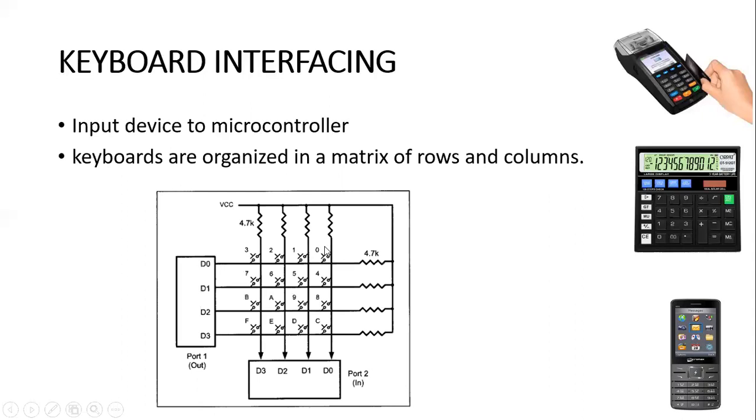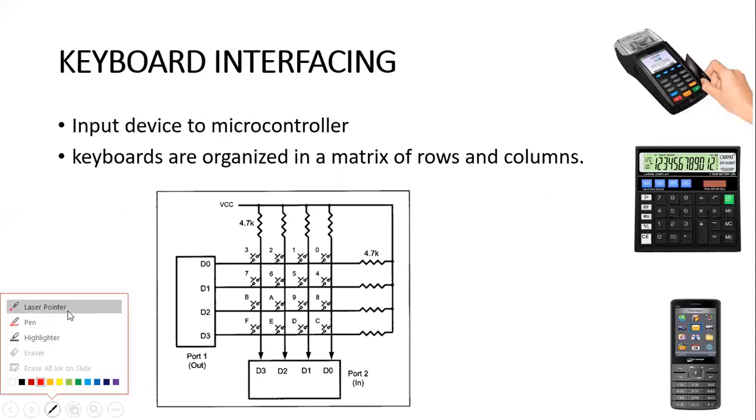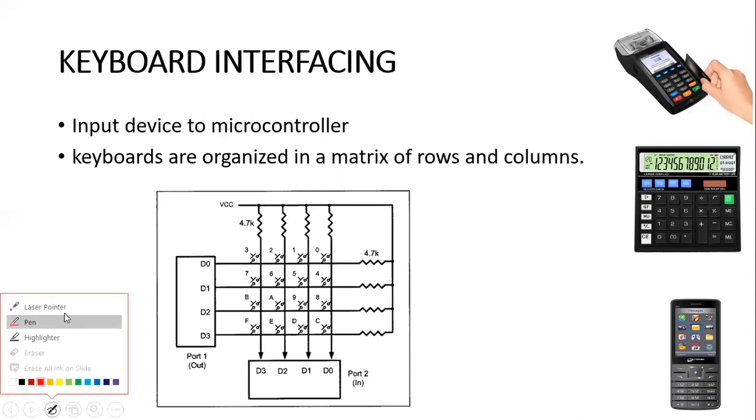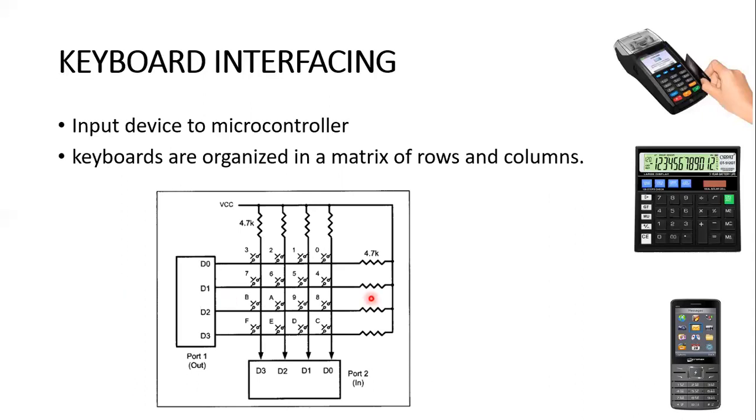You can see this picture here. This picture will give you a clear understanding of what a bare keyboard looks like. The keyboard has many rows and many columns. These are the columns and these are the rows.